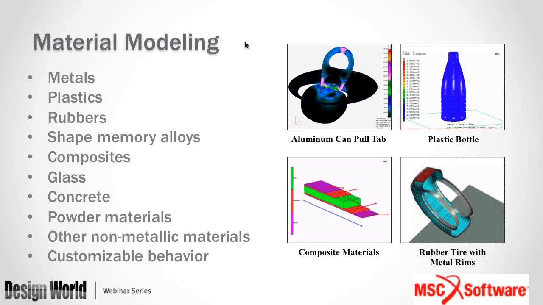And we shouldn't forget that they do exhibit nonlinear behavior even at small strains. So it's very important to understand their behavior and model accordingly. You definitely can't use the same models that were used for metals. The same is true for shape memory alloys or any of the other materials as well.